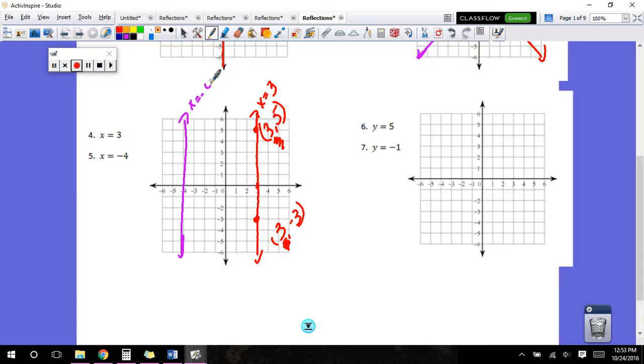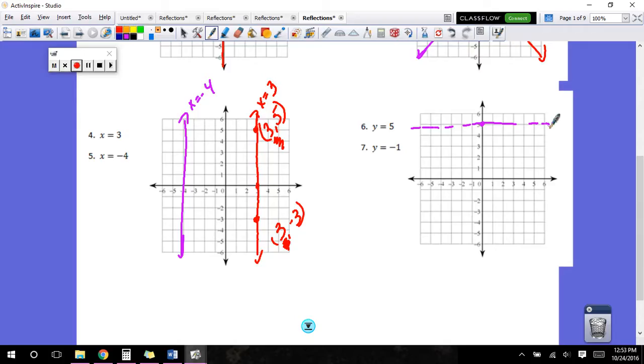X equals -4. Questions there? Now try y equals 5 and y equals -1. Where is y equals 5? Going across 5. Okay, so we're at the top.